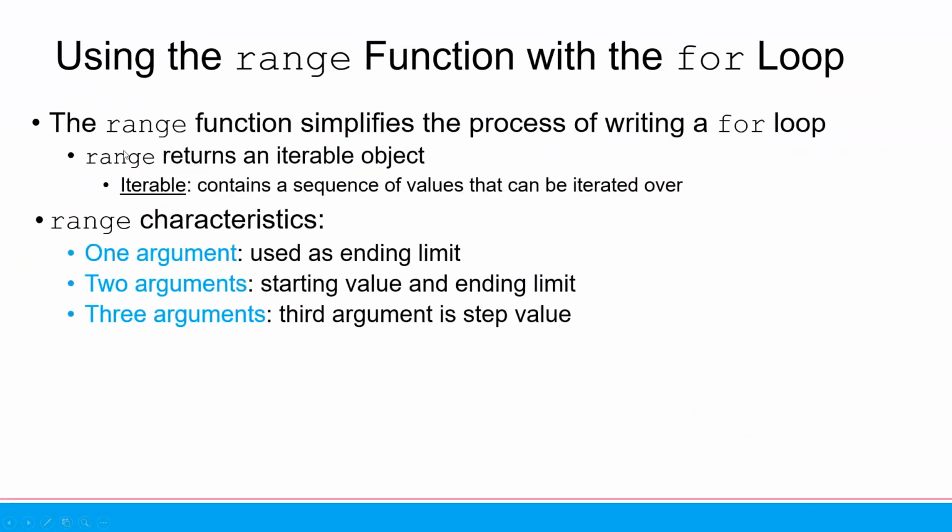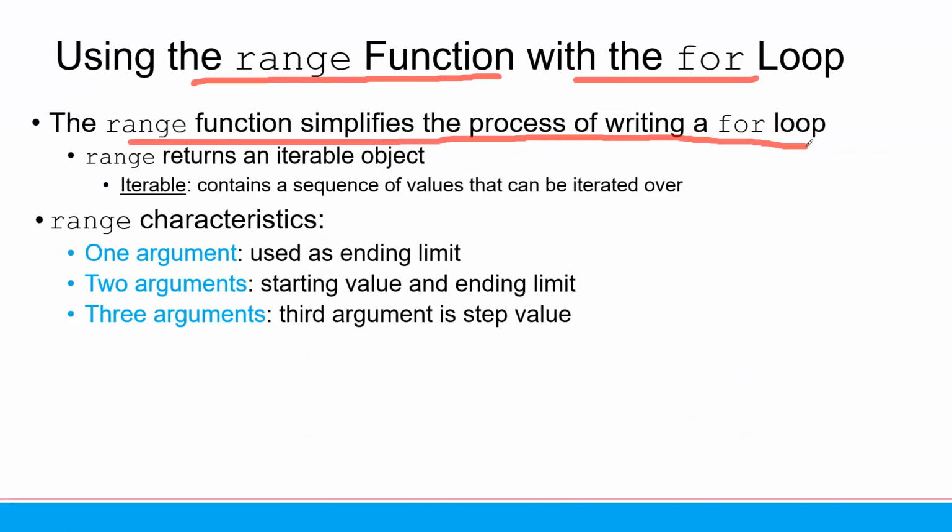In a for loop, we can use the range function. The range function simplifies the process of writing a for loop. Range returns an iterable object. What is the meaning of iterable? It contains a sequence of values that can be iterated over.